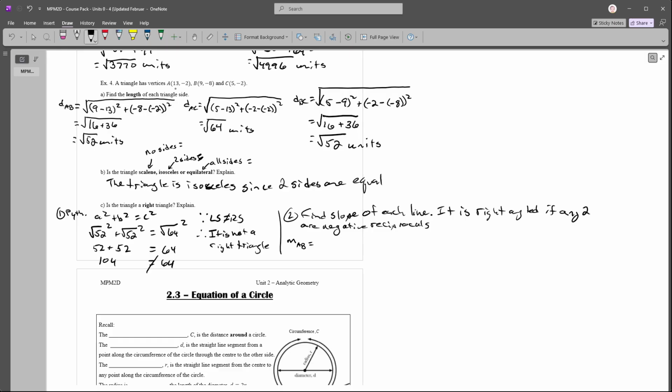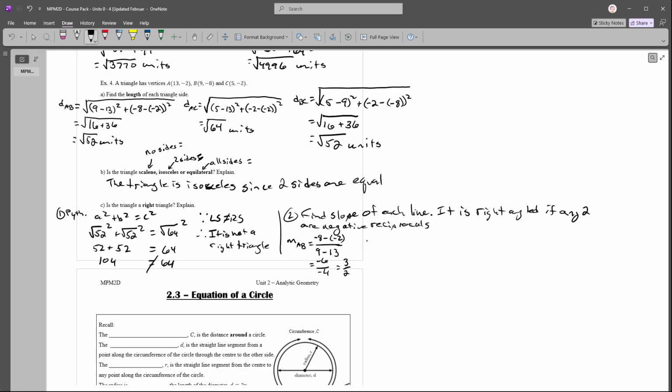So y2 is negative 8 minus y1, which is negative 2, over our x2, which is 9, minus x1, which is 13. That's negative 8 plus 2, which is negative 6, over 9 minus 13, which is negative 4. But we can reduce that and get rid of both negative signs, so it becomes just 3 over 2. So that is MAB.